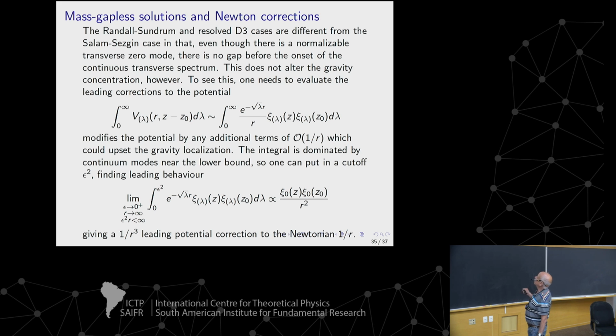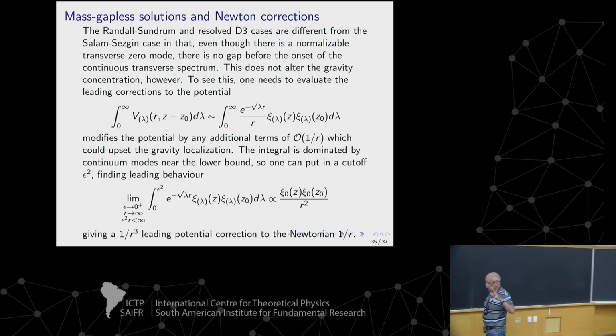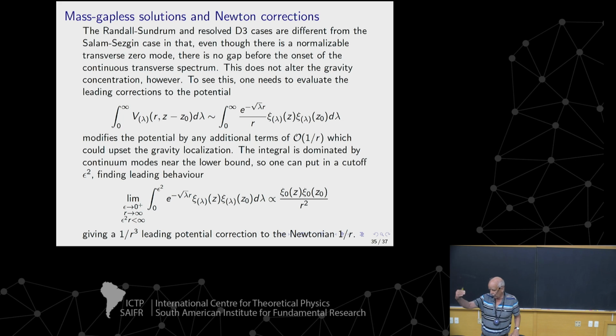So, in fact, you can see per mode, you're going to have a Yukawa type correction, but you have to perform this sum over modes. Going through this correction, what one can see by a certain analysis, similar to some of the discussions that I've given you, is that the important part of the contribution from the continuum is going to be limited to the values near 0.